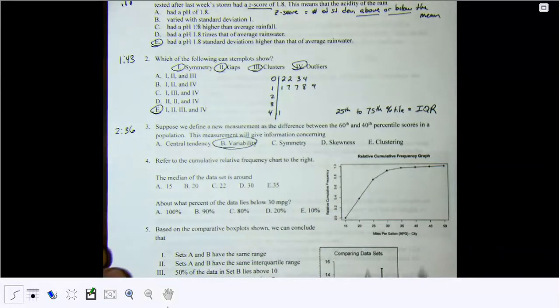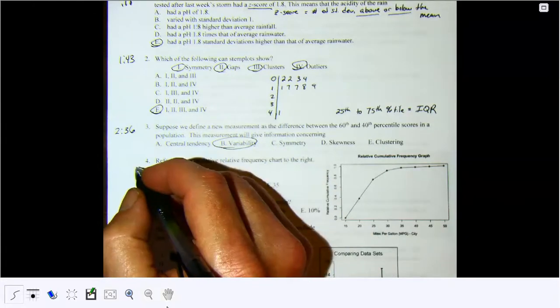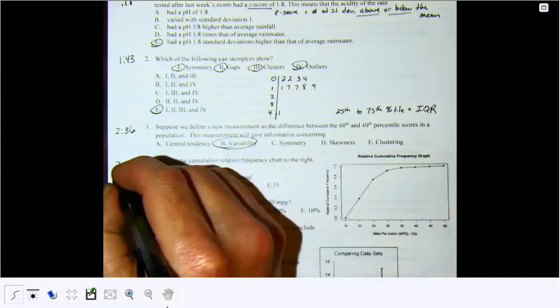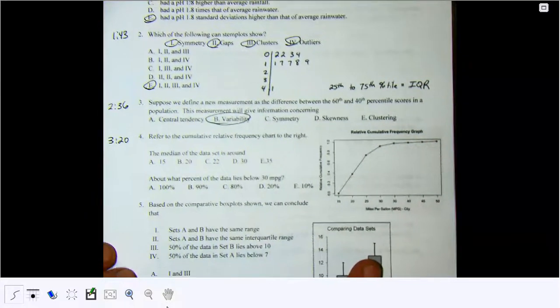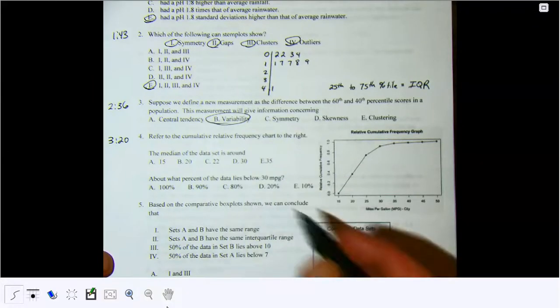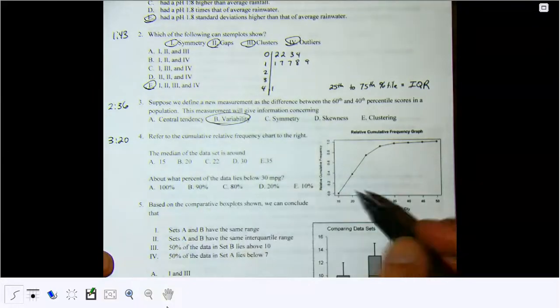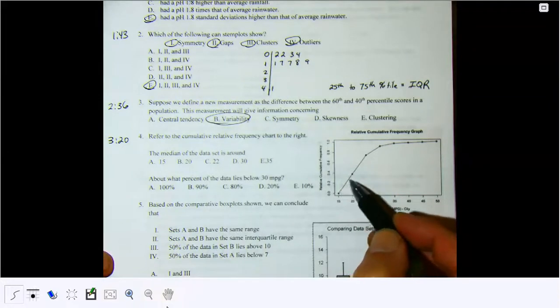Okay. All right, this one, question four, is going to roll in at 3:20. Okay, this is a cumulative relative frequency chart, also known as the ogive graph. We'll see another one later when it's called ogive, but this is referring to, again, our cumulative percentile.